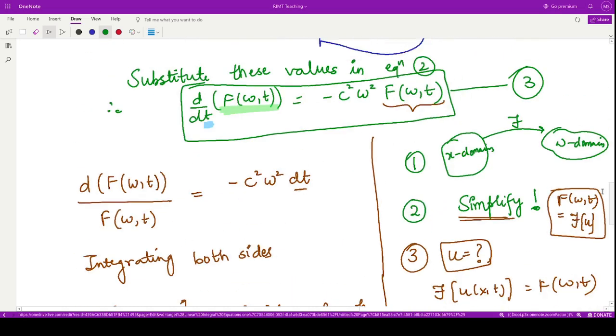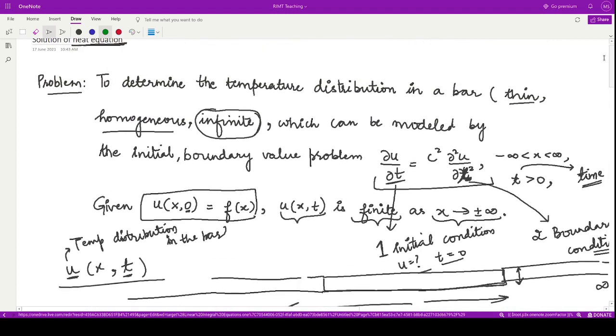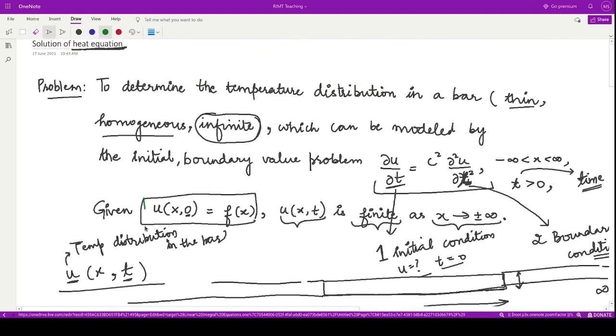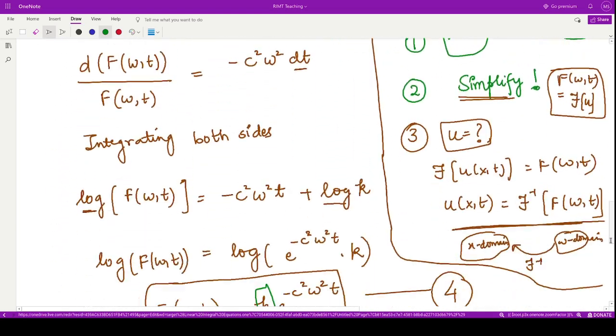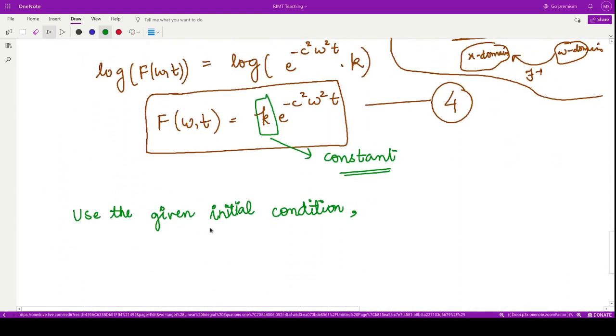If you have a look at your statement again, this is your initial condition. You are given the value of u calculated at x and t equal to 0, that is given to be f(x). So you are given u(x, 0) is equal to f(x).